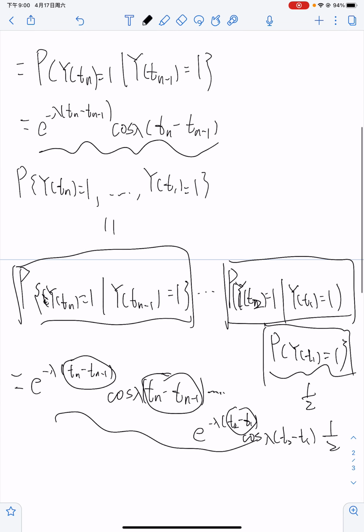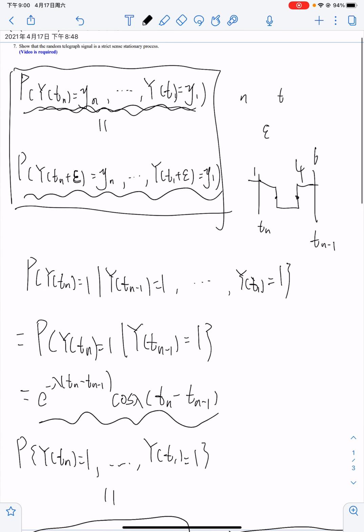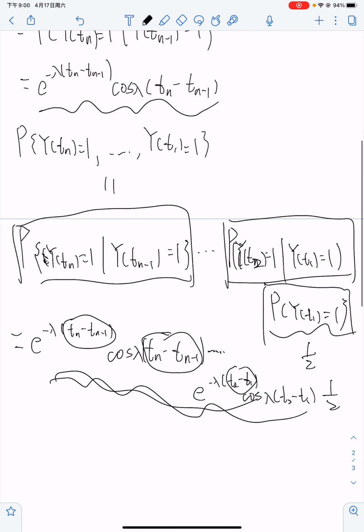So it can also be read this way. In the end, we prove this formula is right.